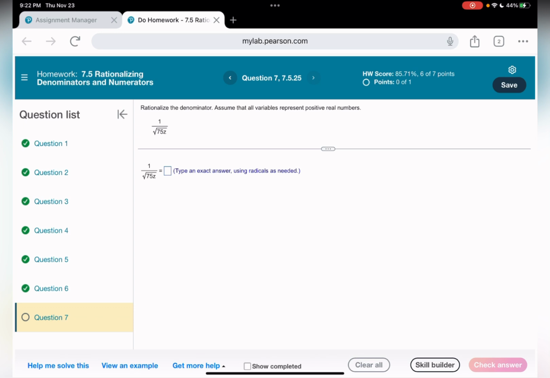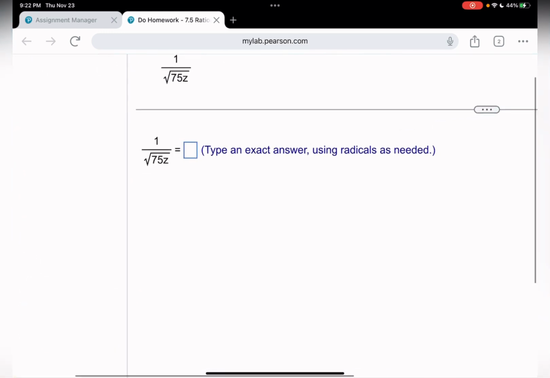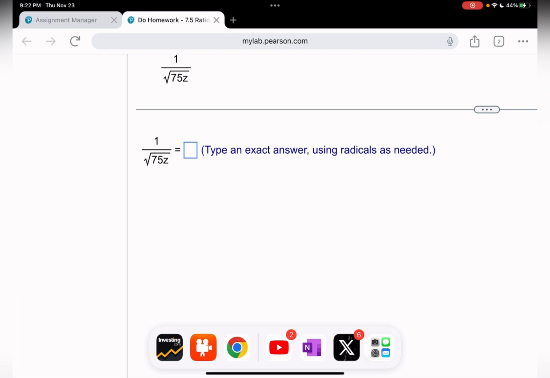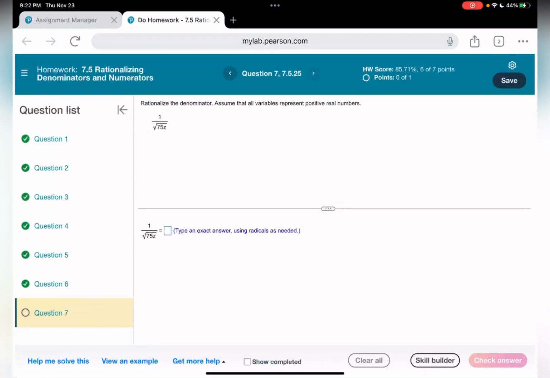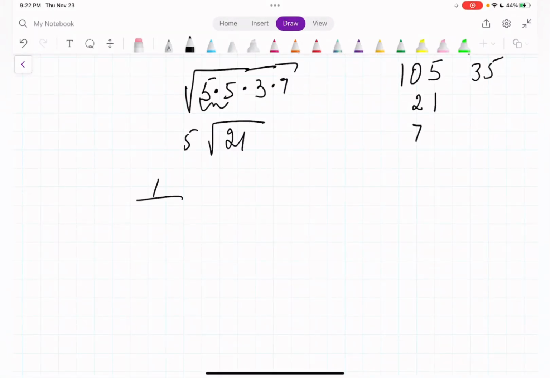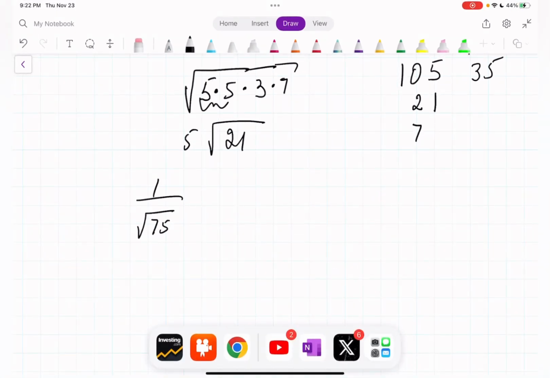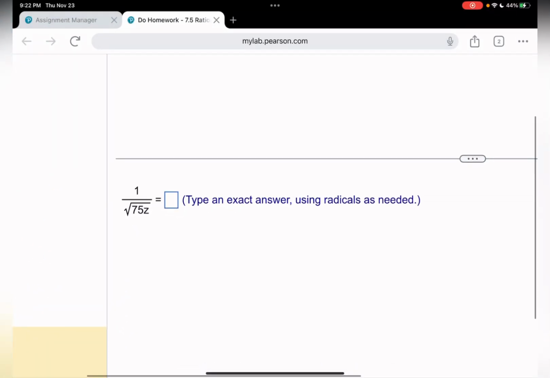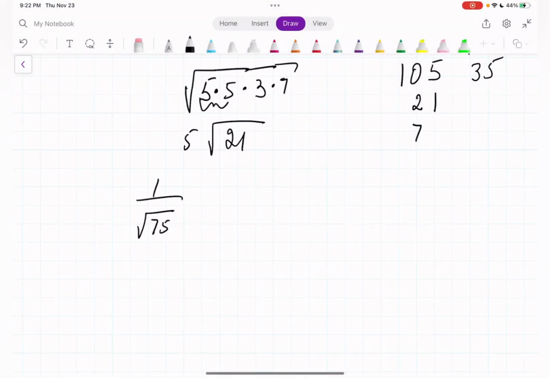Next one. This is going to be, let me do it in a draft so you can understand, one over square root 75z.